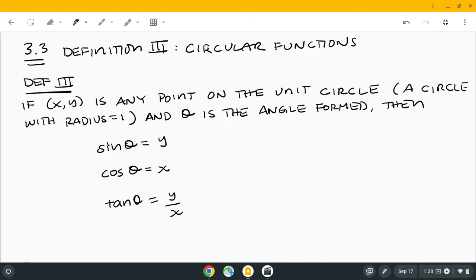Okay, and of course x is not 0, because then that would be undefined.